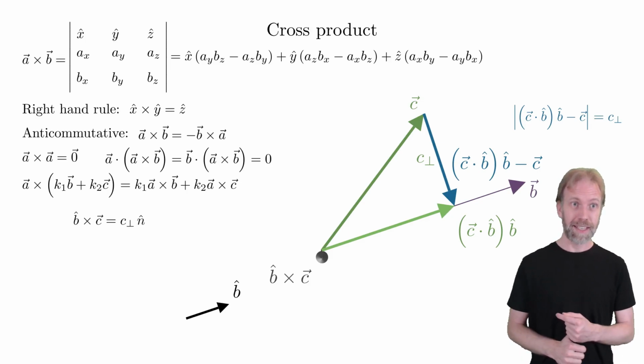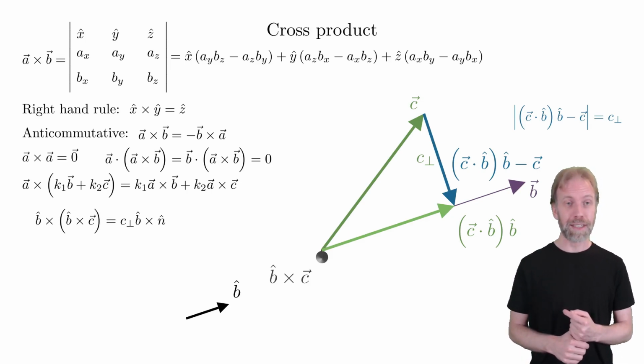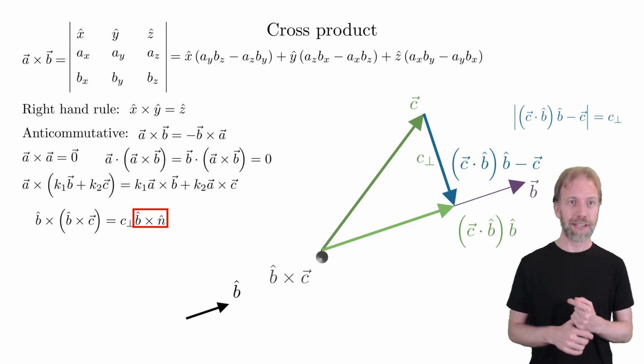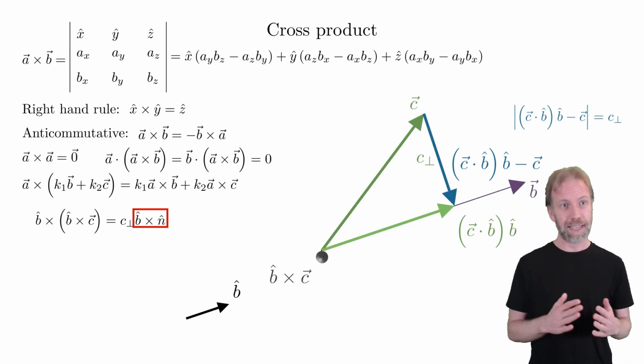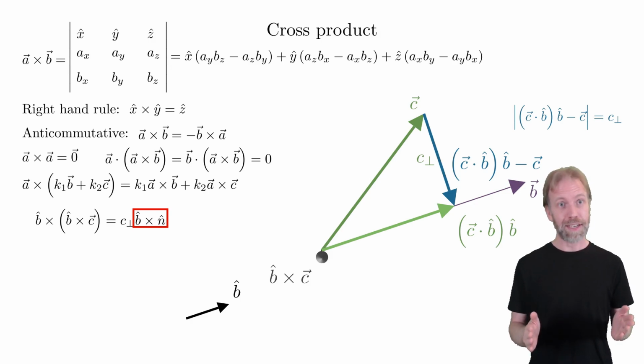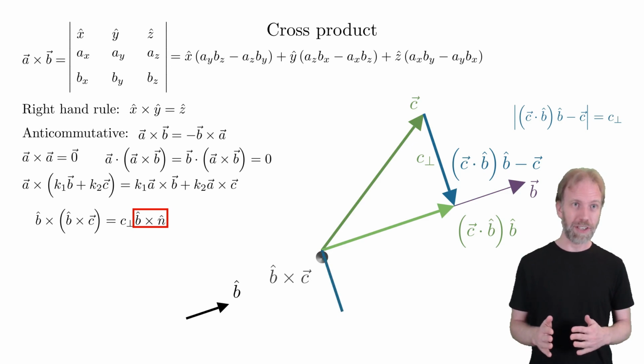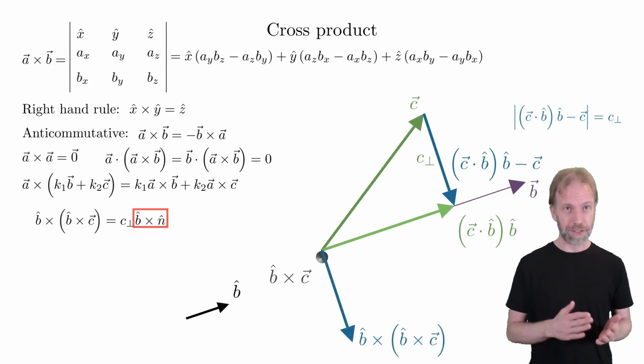To fix this, we can take the cross product with b hat for both sides. B hat will be perpendicular to n hat, hence b hat cross n hat will have length 1, and the new vector will have the same length as before, but the new direction will be perpendicular to both b and b hat cross c.